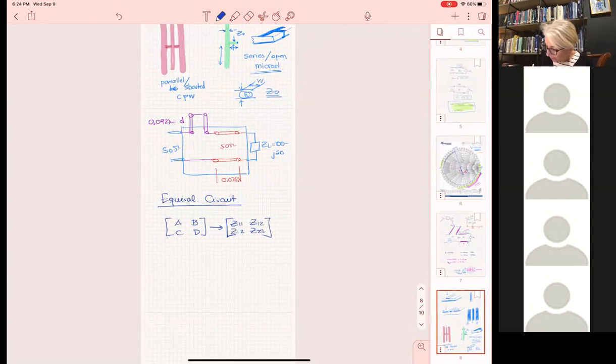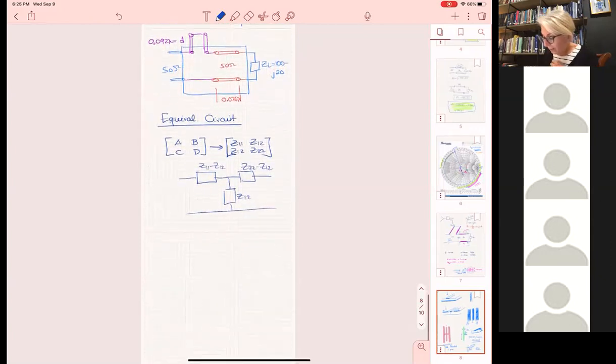And then from there to find the equivalent circuit that is going to look like this. And this is going to be Z12, Z11 minus Z12, Z22 minus Z12. So find the ABCD.